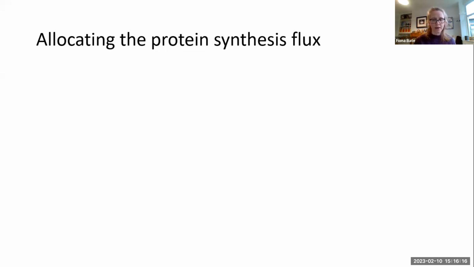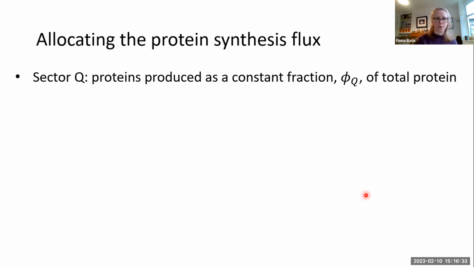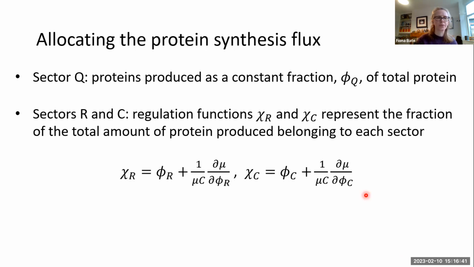So we allocate the protein synthesis flux using a method that will optimize the growth rate. So we change the levels of our proteins until the growth rate is maximal. Okay. So the easy bit first, sector Q is always produced as a constant fraction of the total protein. We don't need to worry about that.